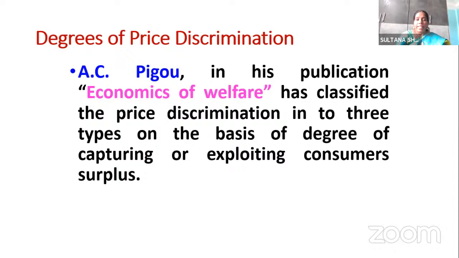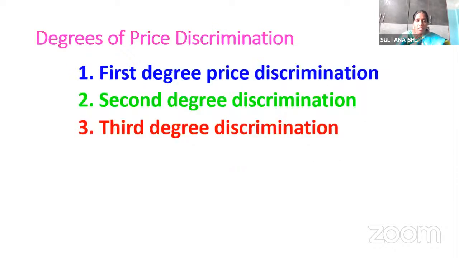Now, A. C. Pigou classified this degree of price discrimination into 3 types on the basis of the degree of capturing or exploiting consumer surplus. Let us see what the 3 types of price discrimination are.